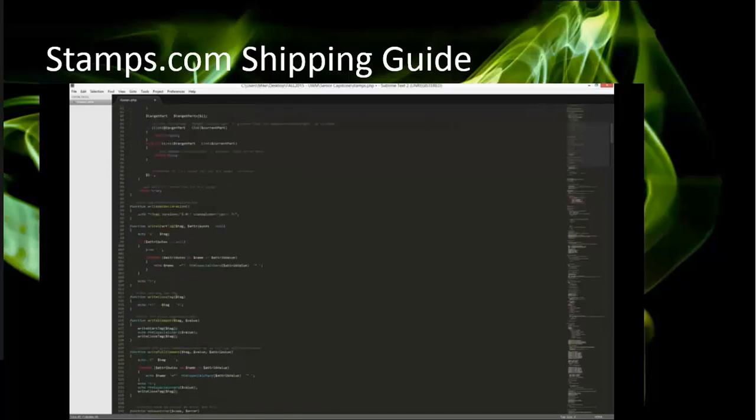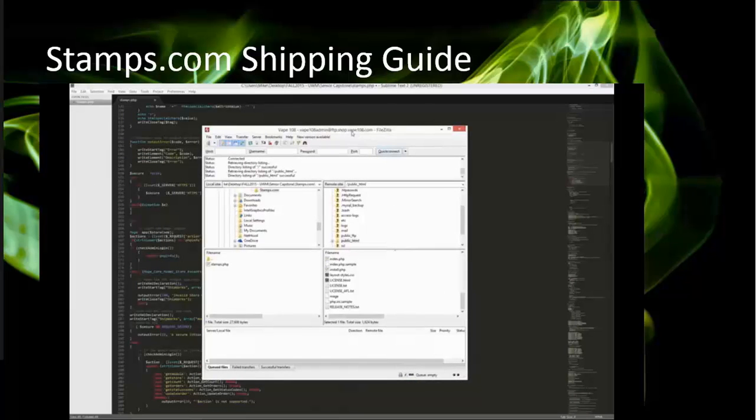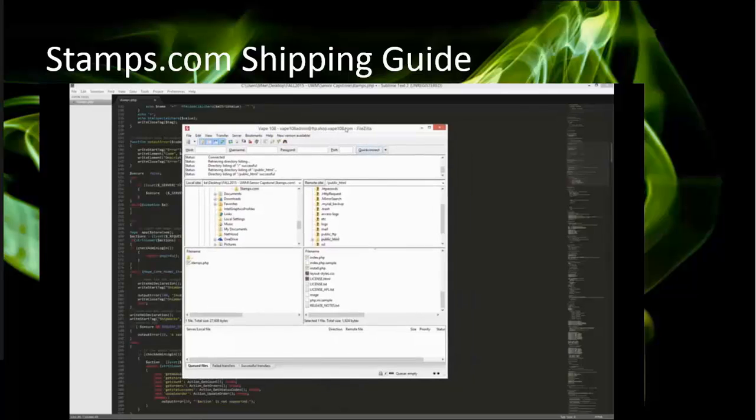So in order to set up this PHP, we have to put it into our main website. We'll do that through an FTP connection to the website, and add that over to the main root directory of our website.